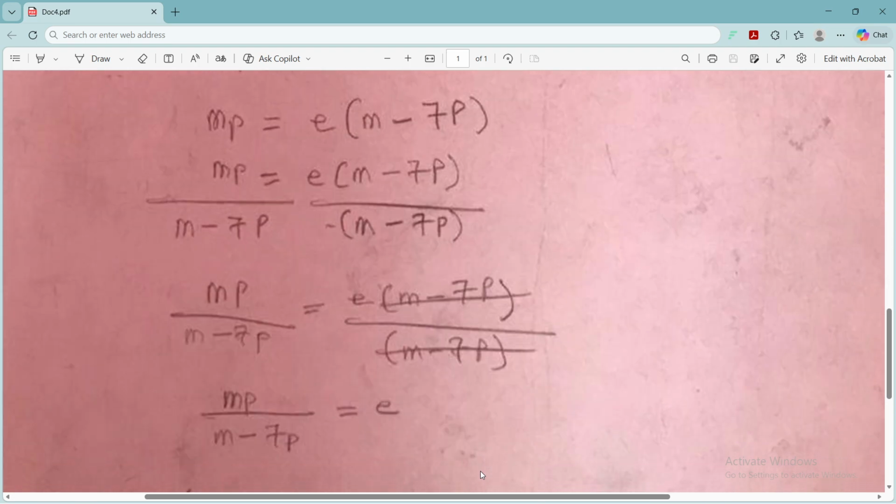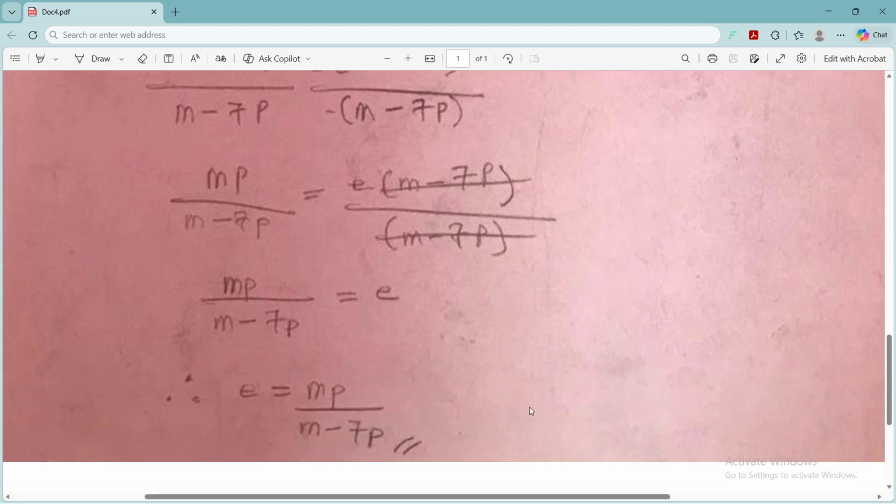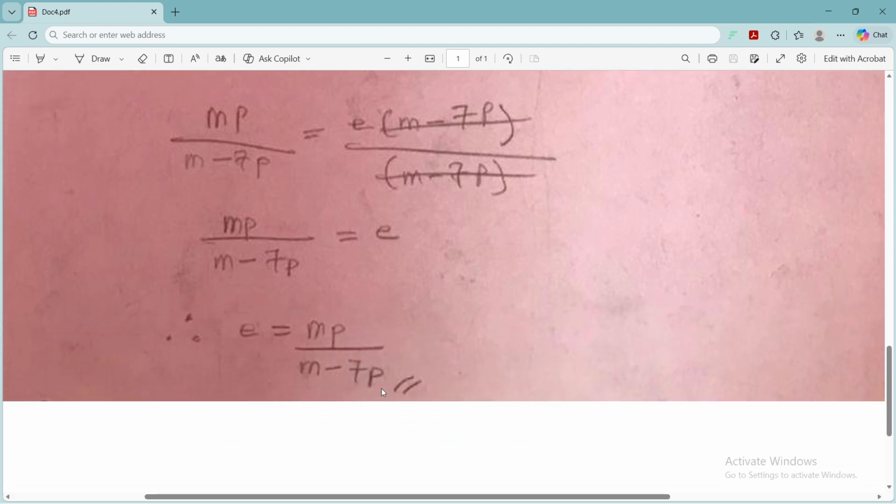So we have E to be the subject of the relation. So we are going to have E equals the fraction MP divided by M minus 7P as our final answer, right? So therefore our final answer is E equals the fraction MP divided by M minus 7P, right?